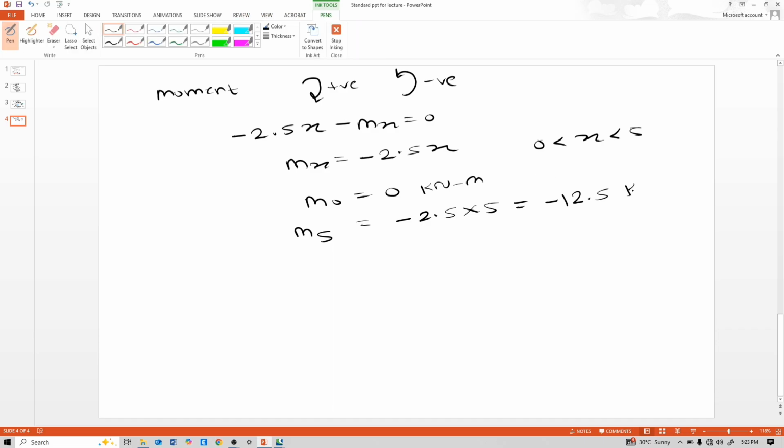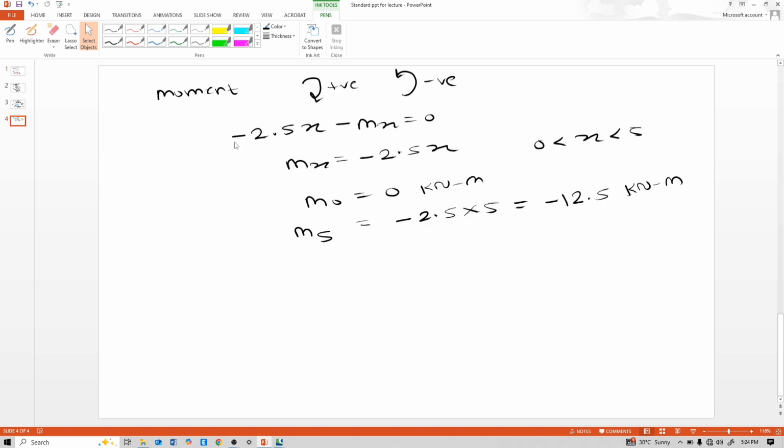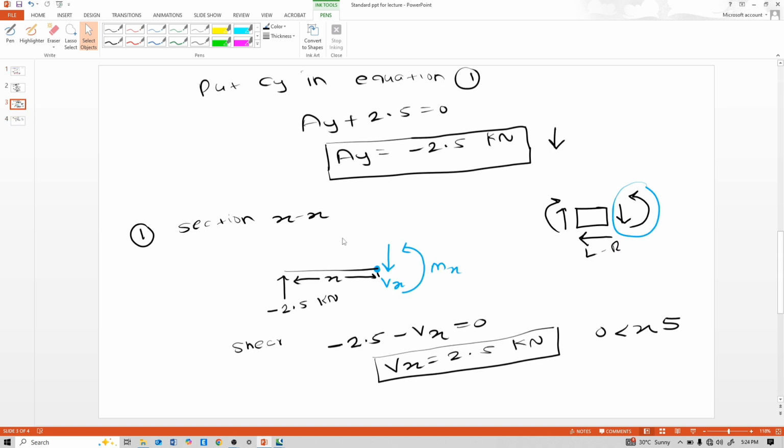See the sign also. It means here minus 2.5 comes. Why does this minus come? See, AY is positive, minus 2.5, and this is also anti-clockwise, clockwise, anti-clockwise.